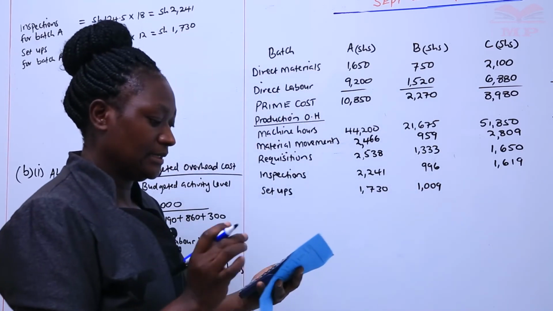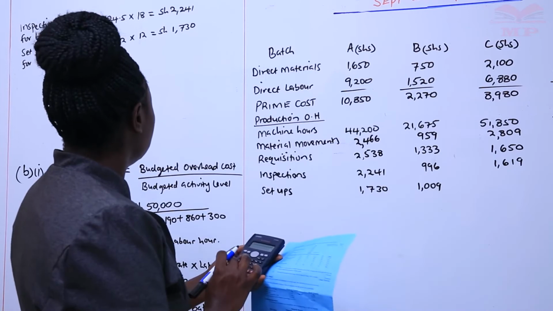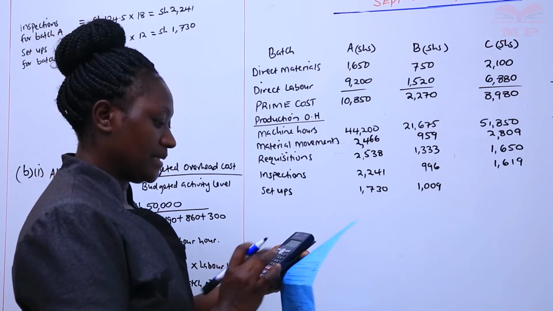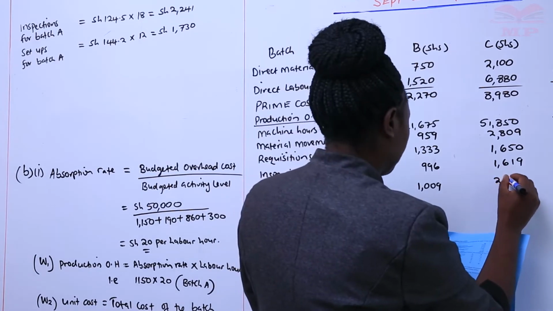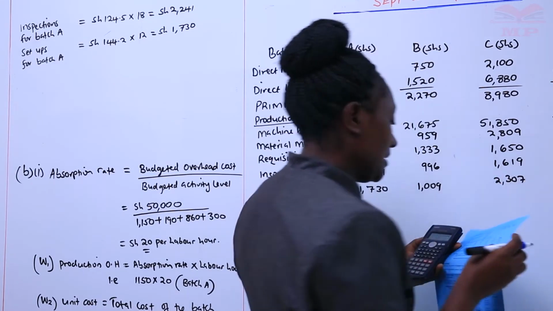Then for C, it is 144.2 multiplied by 16, which will be 2307.